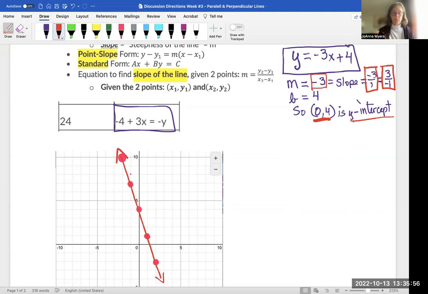Now I can pick one other point. To pick another point, select any x value that you want, plug it into your equation, solve for y.